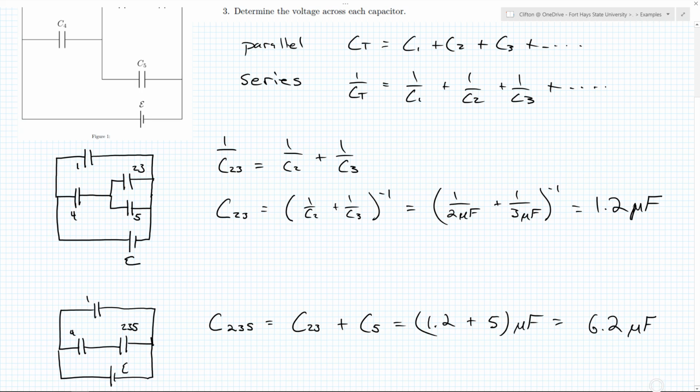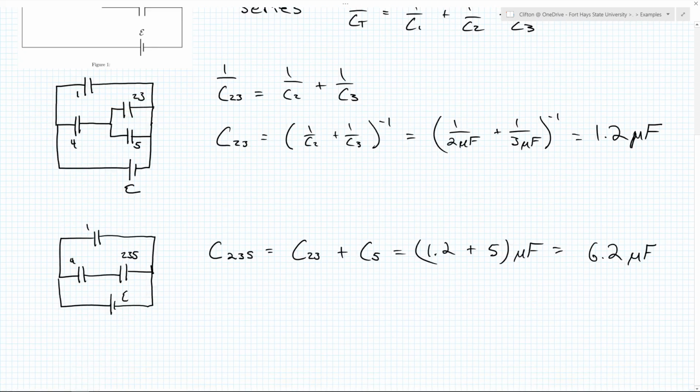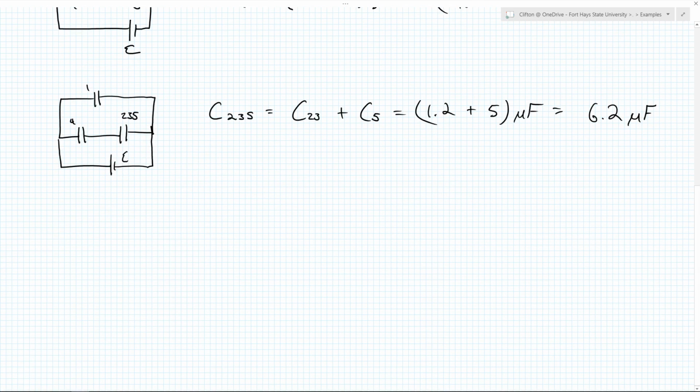Now, if I look at my circuit, I've got capacitor 4 in series with the capacitor 235, so I can replace those with an effective capacitor. Capacitor 1, this is 2, 3, 4, 5. The capacitor 4 is in series with that effective capacitor 235, so it's going to be the inverses that add.